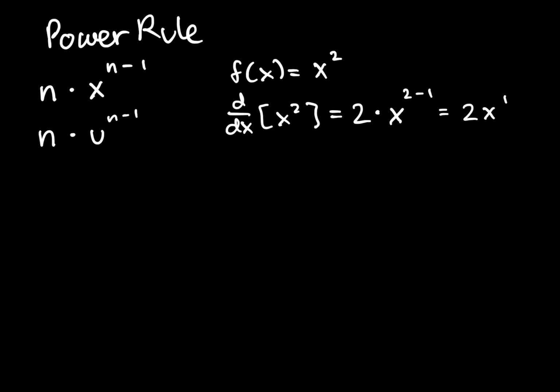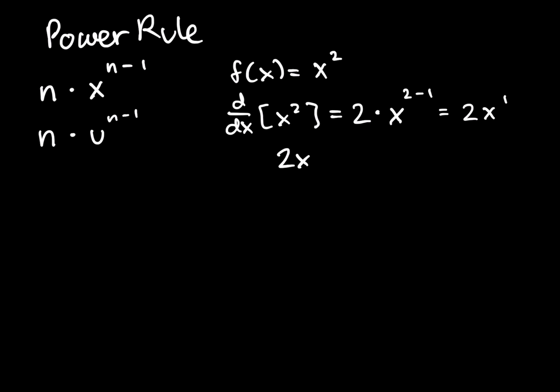So in this case, x to the 1 is just x. Similarly, if we had 2 to the 1, it'd just be 2, as it is 2 times itself exactly 1 time, which is just the number. So the answer to the derivative of x squared is 2x.